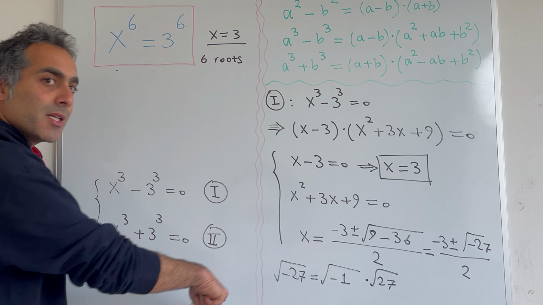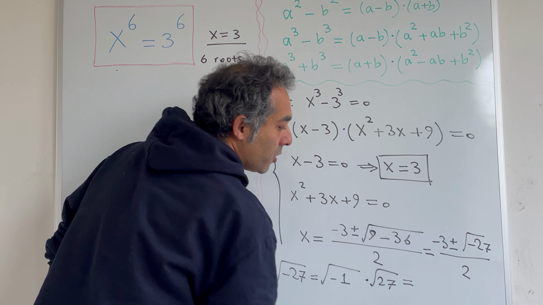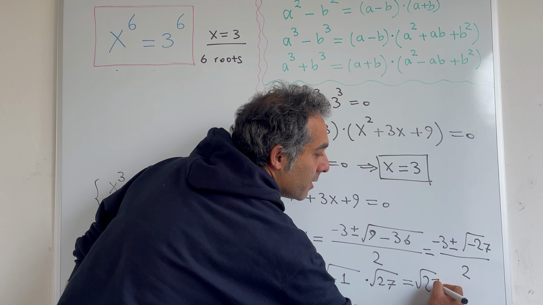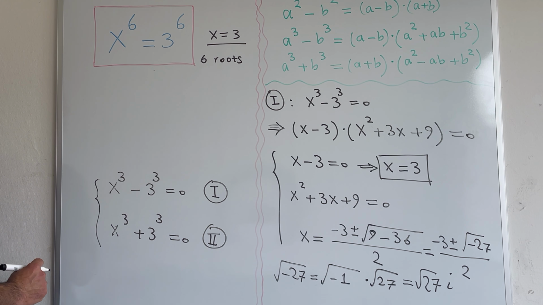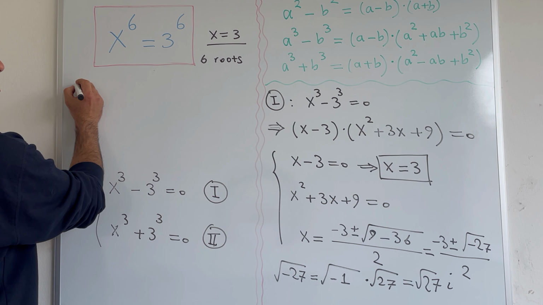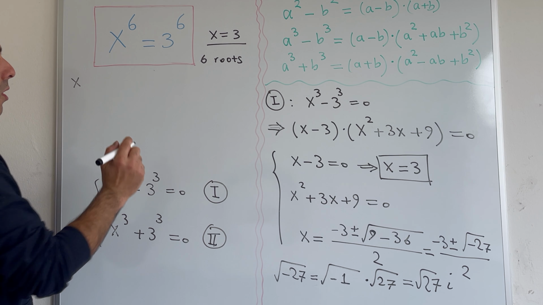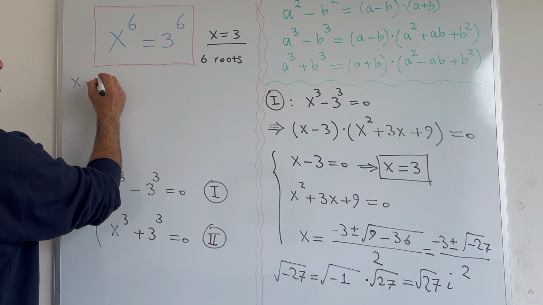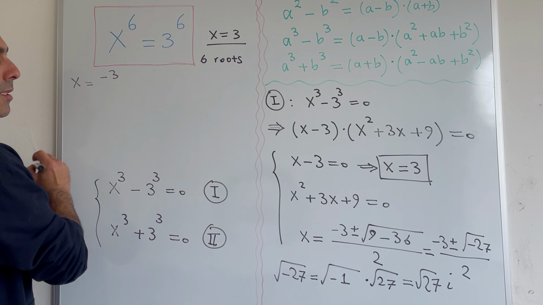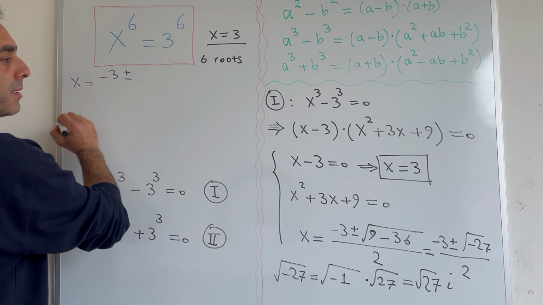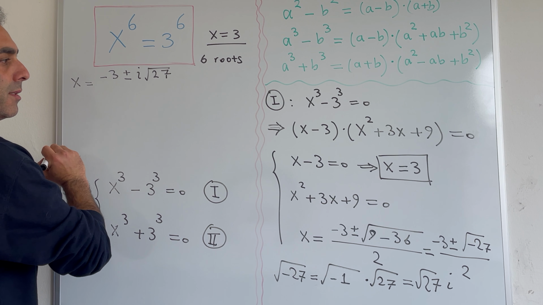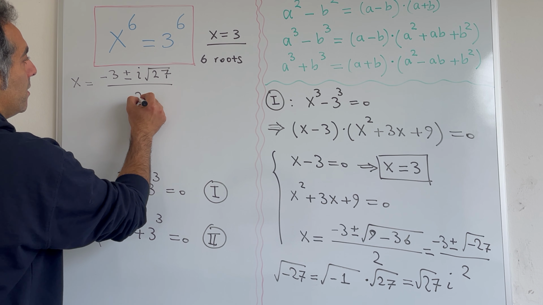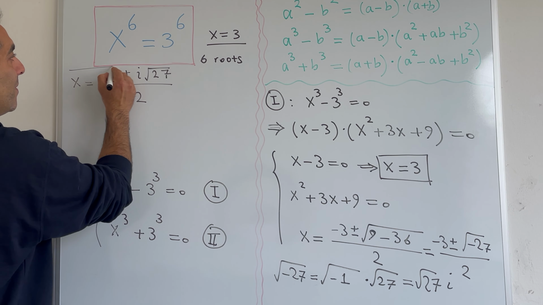And the square root of minus 1 is the imaginary number i, so the square root of 27 times i. So the 2 other roots are minus 3 plus minus i square root of 27 over 2.